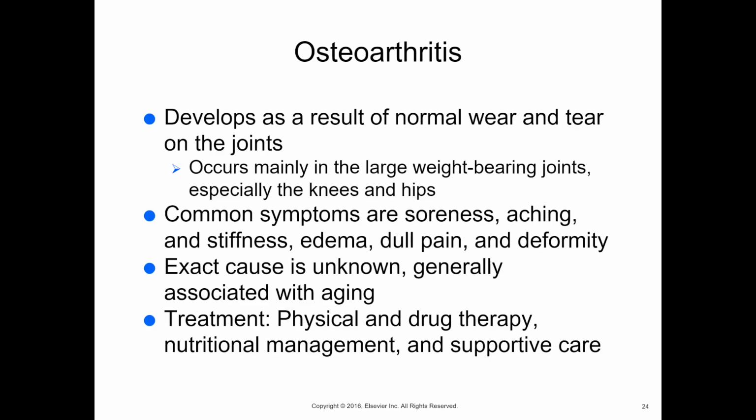Now, you can get inflammatory reactions related to the degeneration, and inflammation can occur in advanced stages. But the simplest way to describe it is that you have an imbalance between the natural building and degrading of cartilage as part of the normal remodeling process.